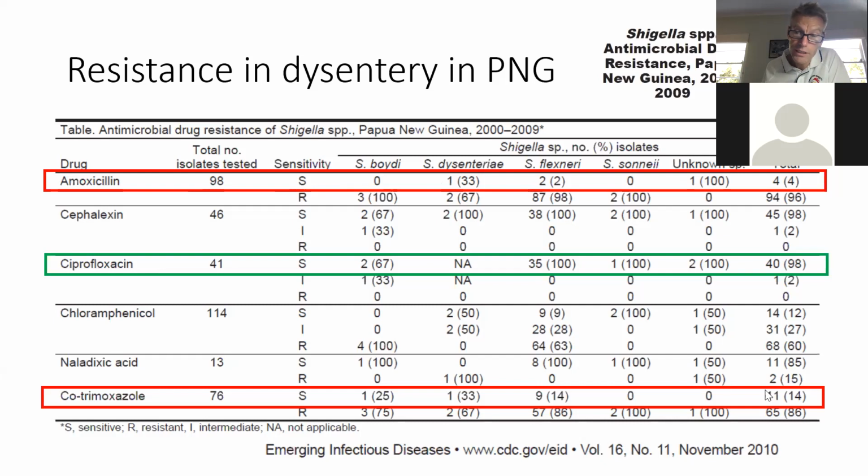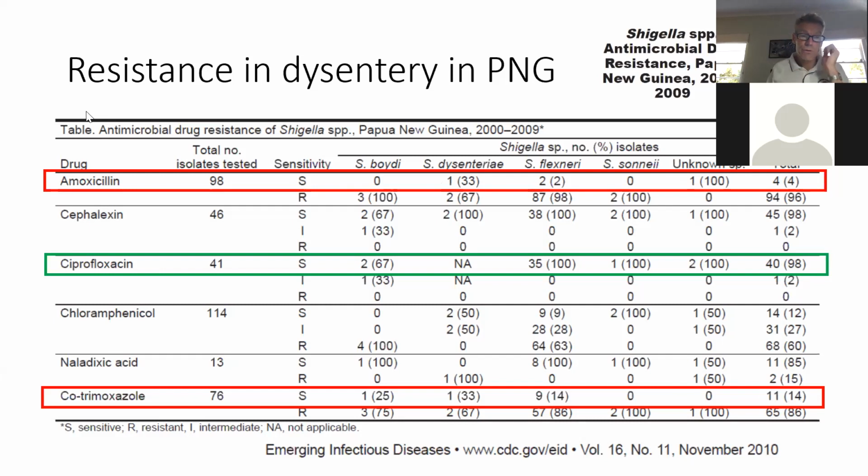But you can see there that the percentage of sensitive organisms that are sensitive to amoxicillin or cotrimoxazole is very low, whereas the percentage that are sensitive to ciprofloxacin is very high.